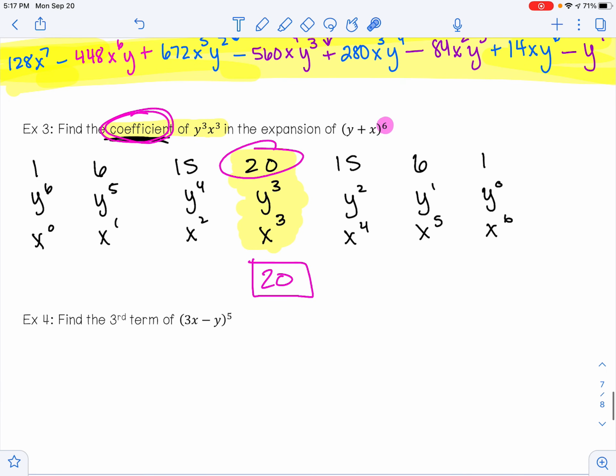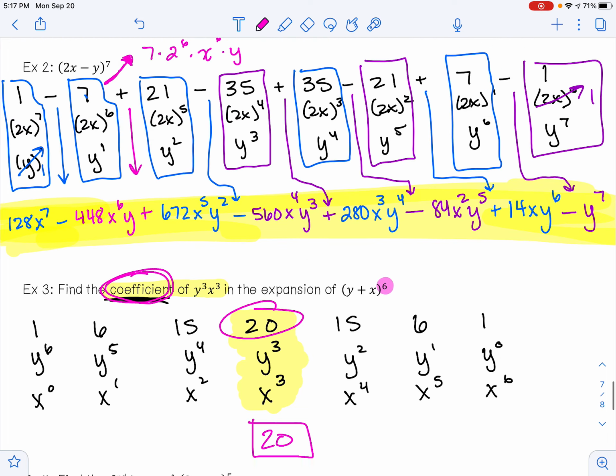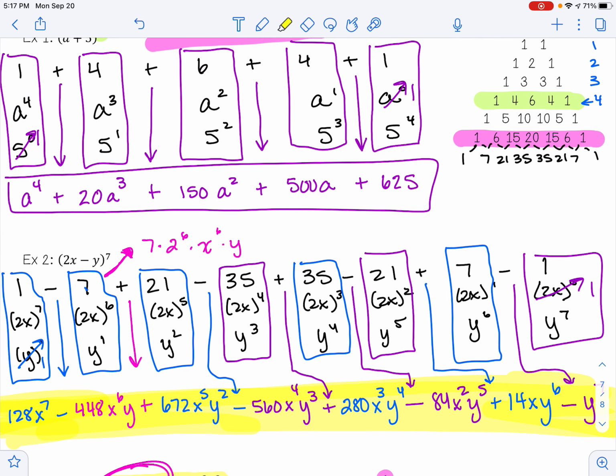On example 4, it says find the third term of 3x minus y raised to the 5th power. So if my exponent is 5, then that means that I am looking at this row right here.